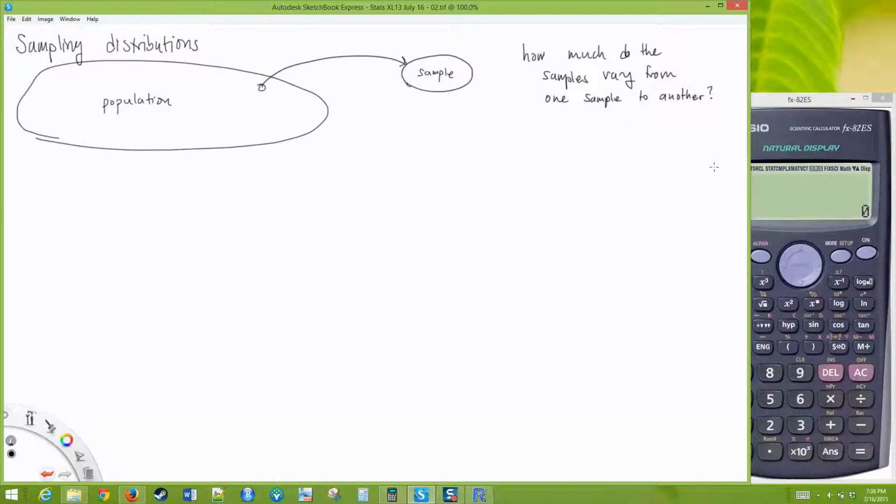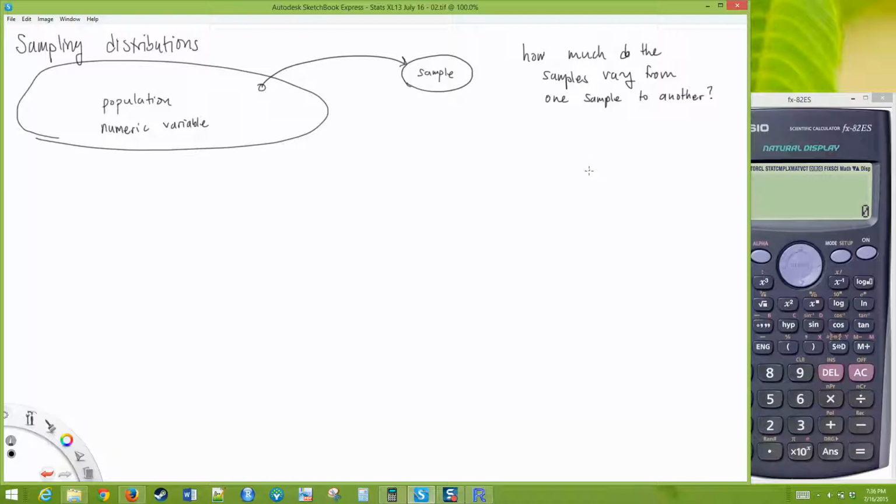There are all sorts of ways to answer this question, but we're going to look at just one aspect of the sample. We're going to suppose that the population has a numeric variable. And we're going to boil down each sample to just its sample mean.